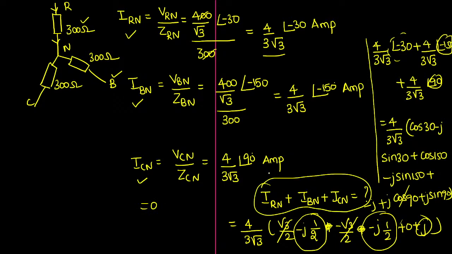Why is it? Because I told you, when your system is balanced, then all the values are equal. IRN, IYN, ICN all have the same value except for phase angle difference. So when your system is strictly balanced, the addition of 3-phase currents, do you remember, in the basic lecture I taught you yesterday, IRN plus IYN plus ICN will be equal to 0. That is called a balanced system.